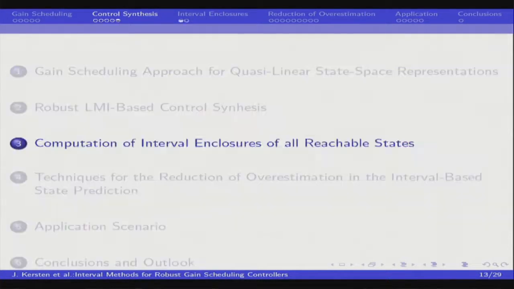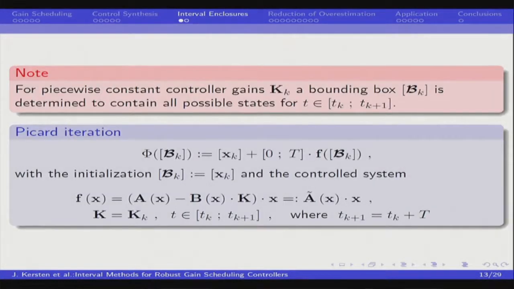So how did we compute our interval enclosures? Well, we see that for the piecewise constant controller gains, we need a bounding box B to be determined. And this is calculated by Picard iteration, where the initialized bounding box is set to the initial interval states, and a new phi depending on the bounding box is calculated.